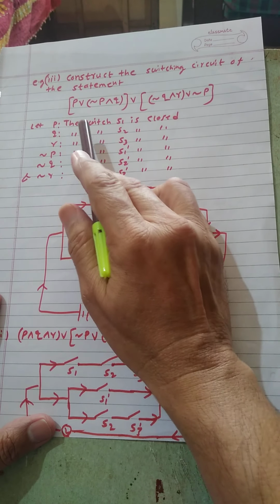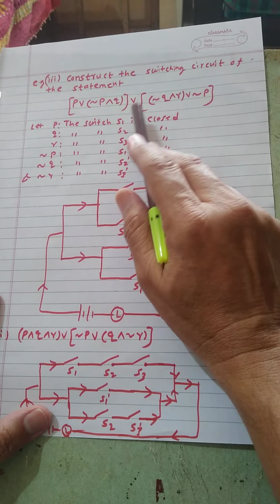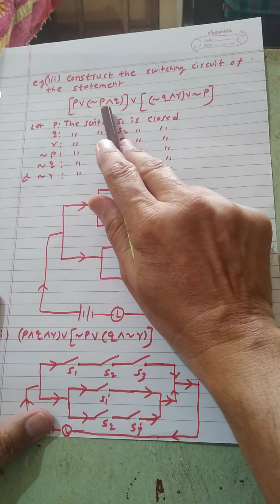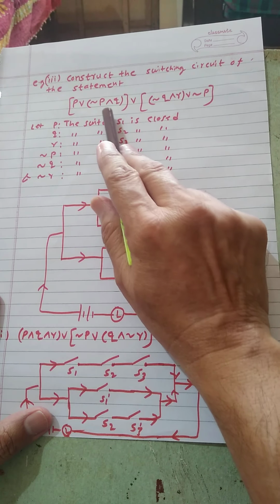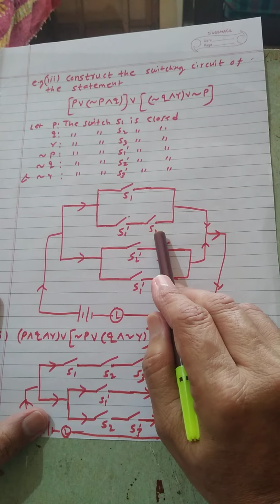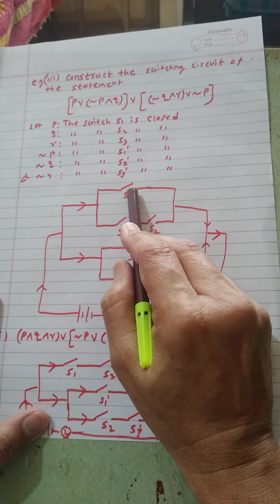Now, when the switching equation is given in symbolic logic form, first we have to consider the innermost bracket. The innermost bracket is negation P and Q. Negation P means S1 dash and S2. This combination is in parallel with P, therefore parallel with S1.